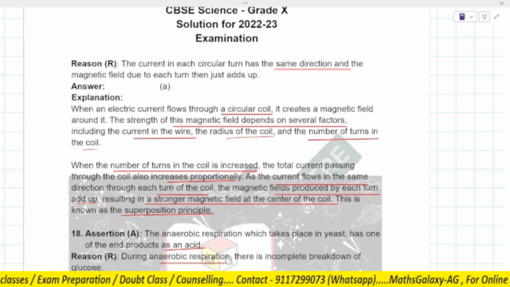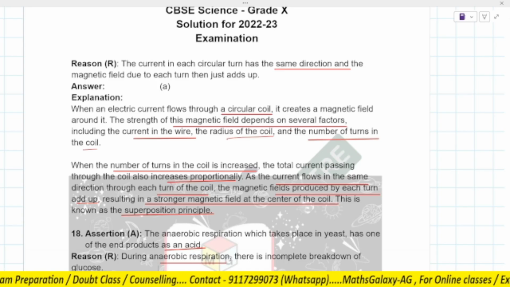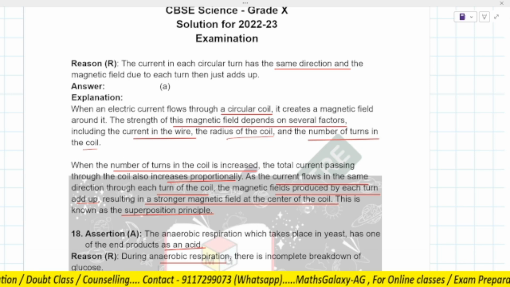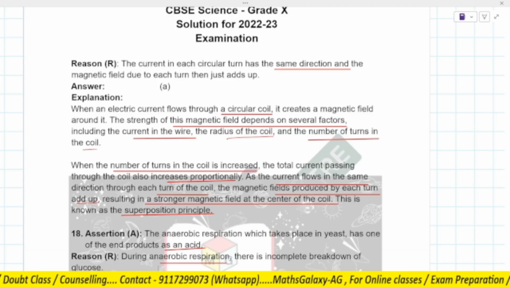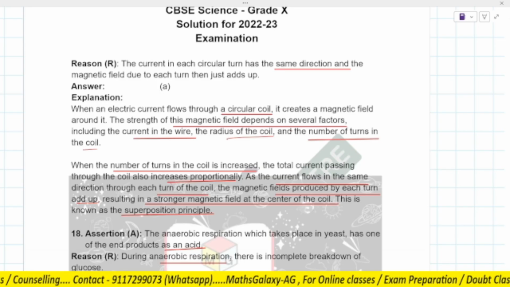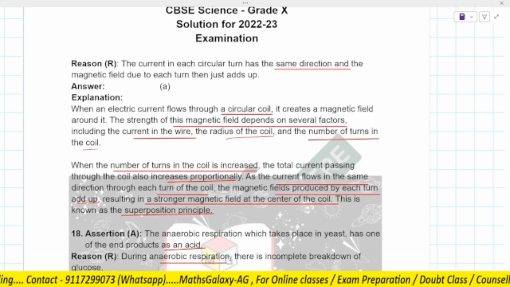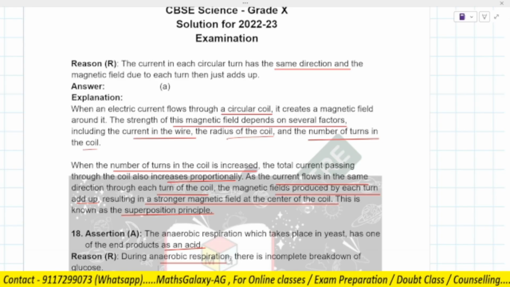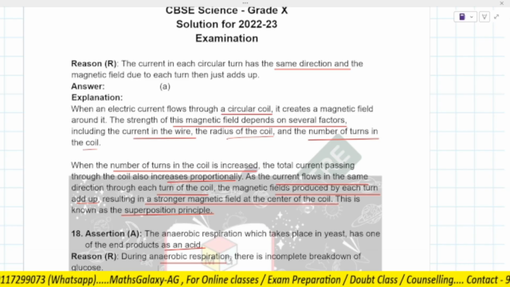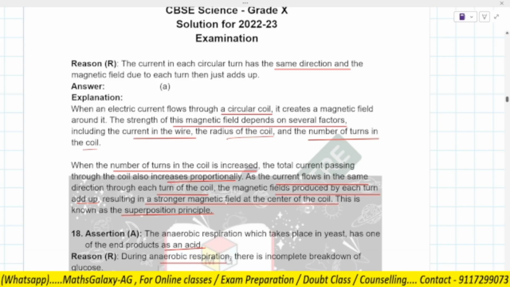The end product formed during anaerobic respiration is. I think both are correct. Both are correct, very good. And R is the correct explanation or not? I don't think it is the correct explanation. It's the correct explanation. Anaerobic respiration is an incomplete breakdown of glucose, right?